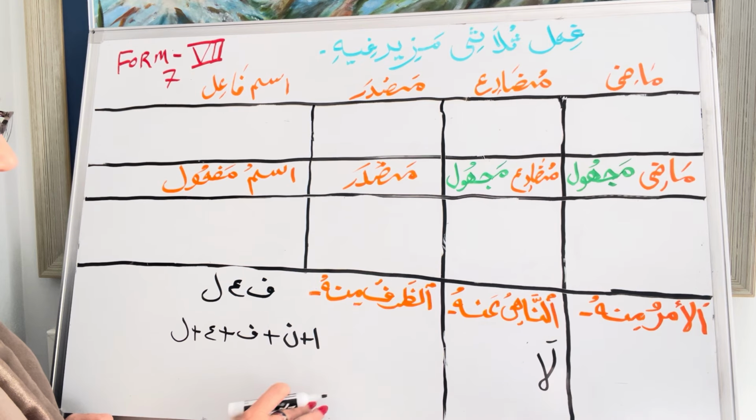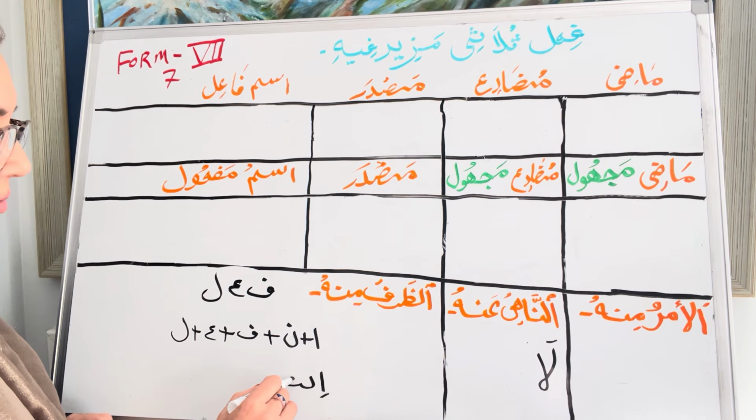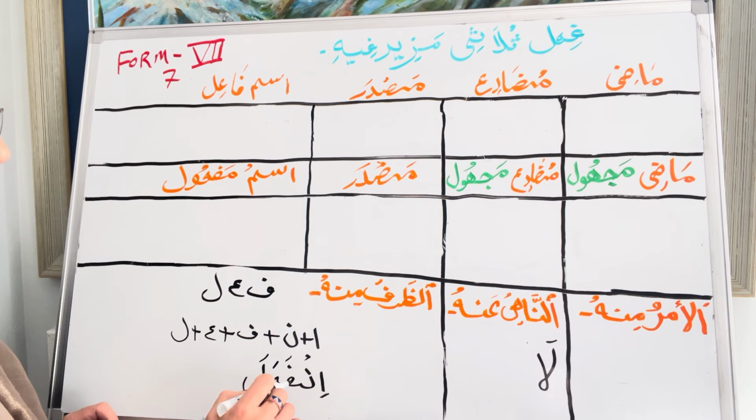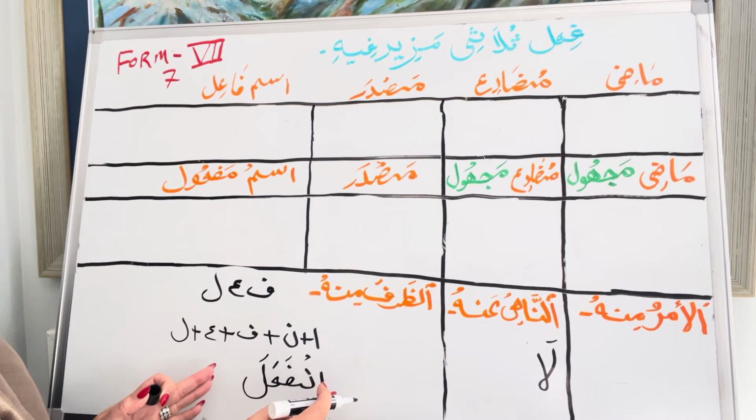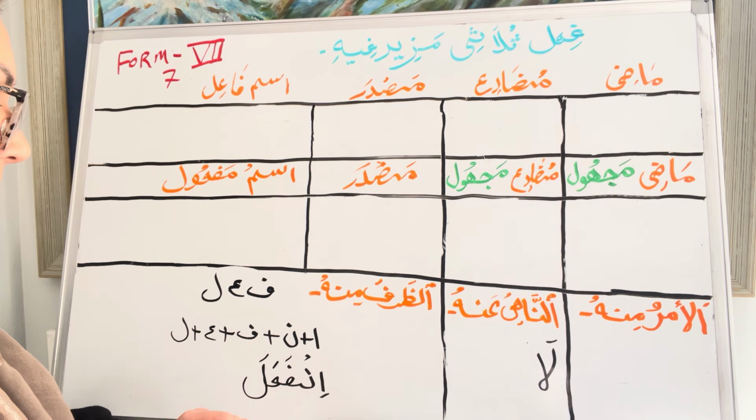So let's put this all together. We'll rewrite it as infa'ala. The first letter takes a sukun. In fa'ala. So now this is form 7.